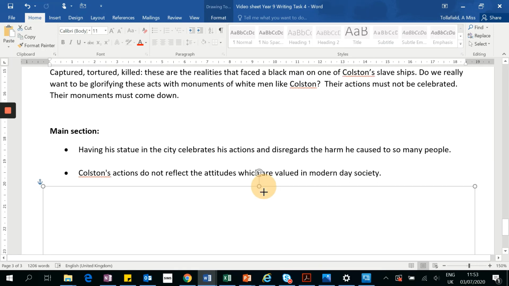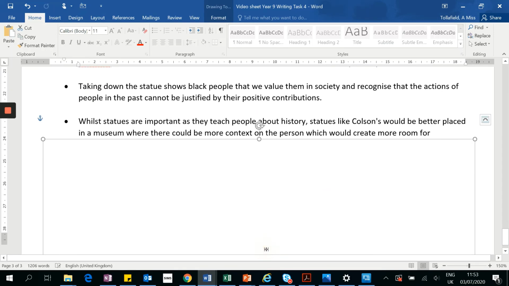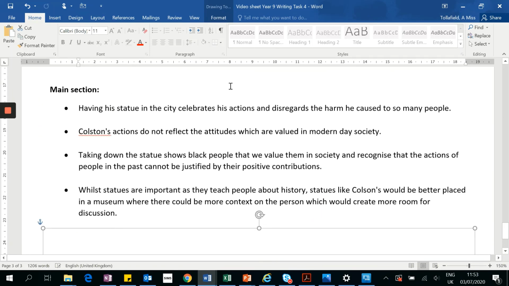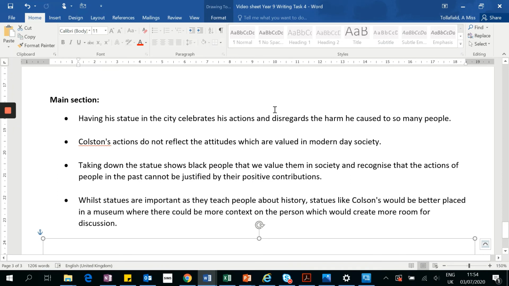So in that main section then, you are going to use your points that you planned last week, and you are going to write a paragraph for each of those points. Turn the point into a topic sentence and then explain in the sentences that come after that why it is important in relation to your point of view.